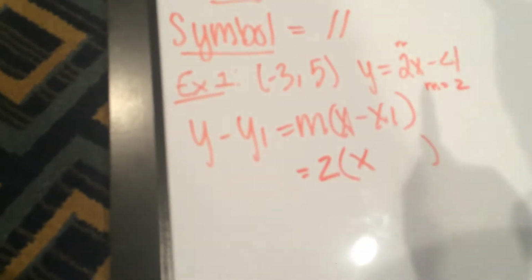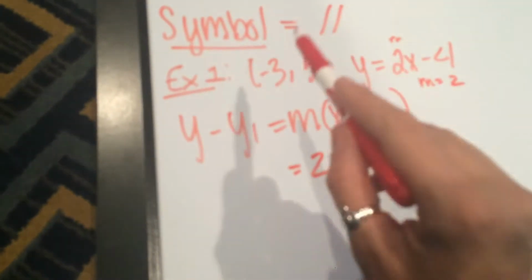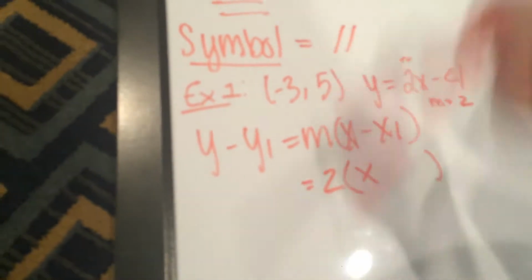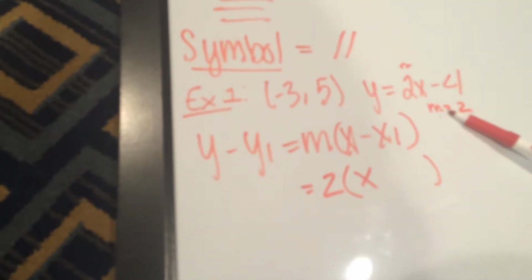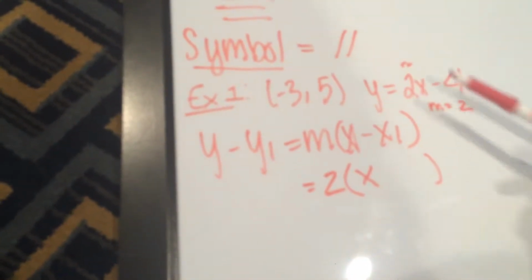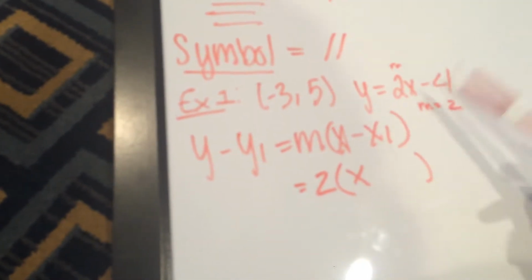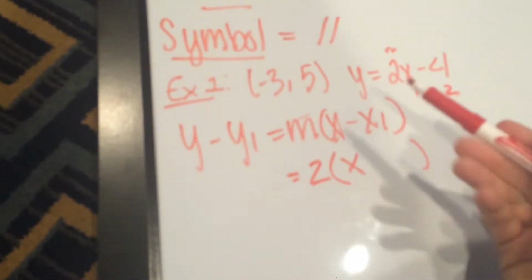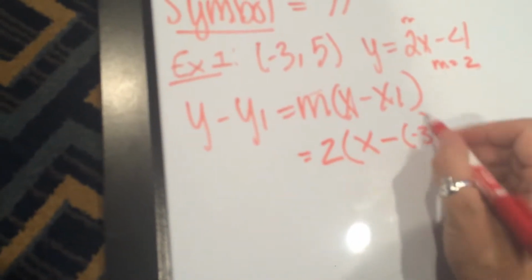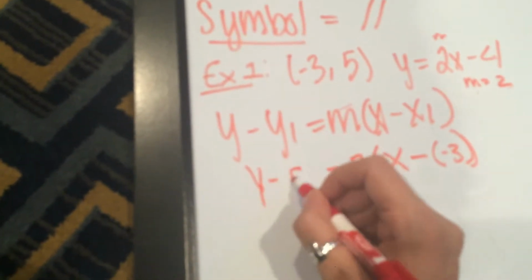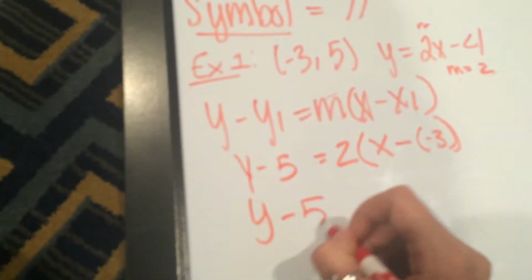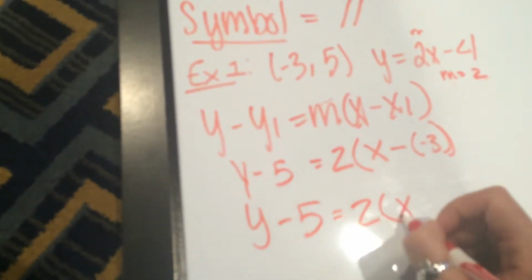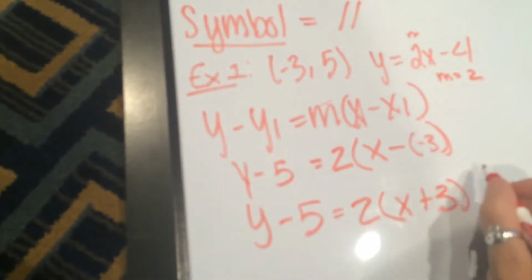We have to write the equation of the line that is parallel, going the same way as this one, using this point. So we need to take the slope from his and use this point. So our x value is -3. Y minus 5 is equal to 2 times x plus 3.